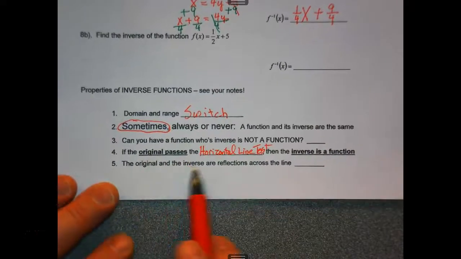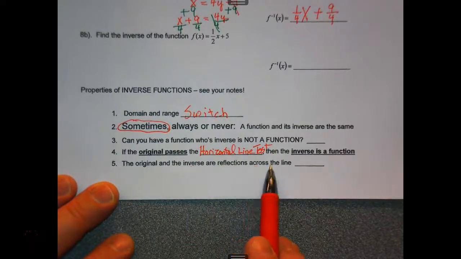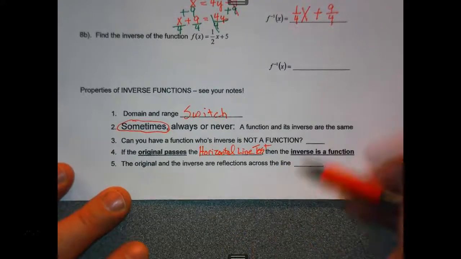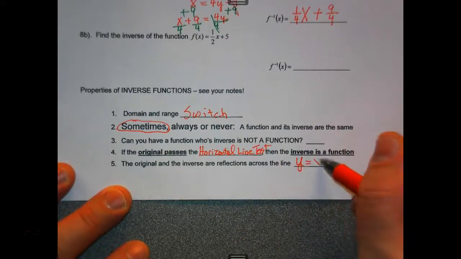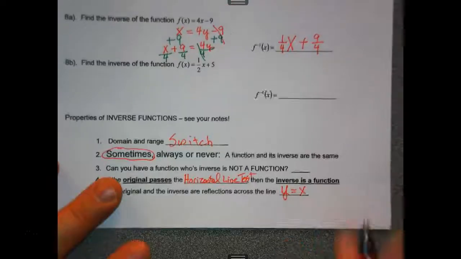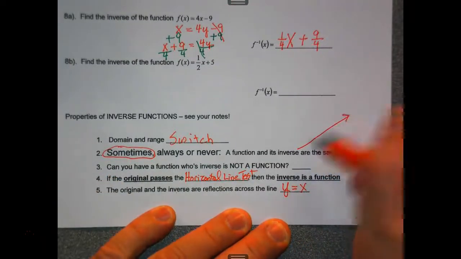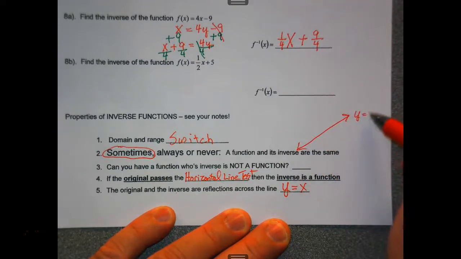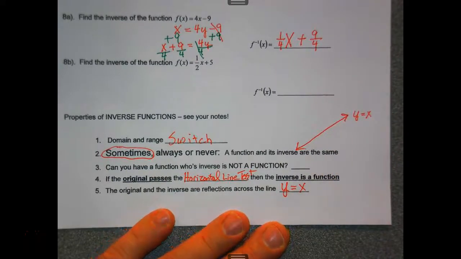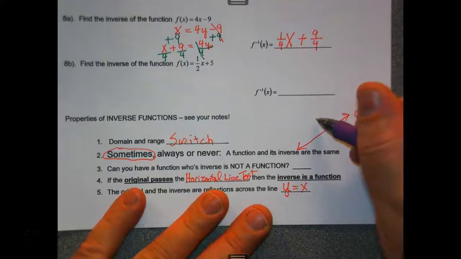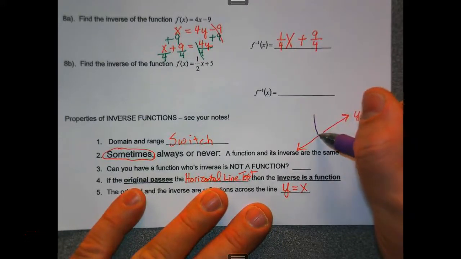The original and the inverse are reflections across the line y equals x. Now, let's think about this. Here's my y equals x line. What if I had a parabola right here?